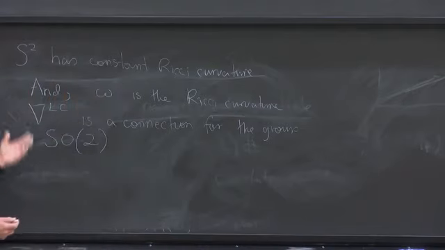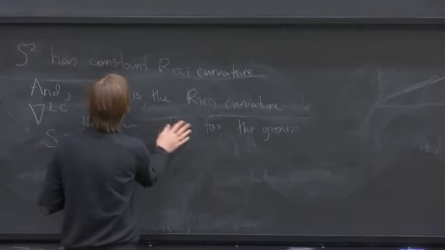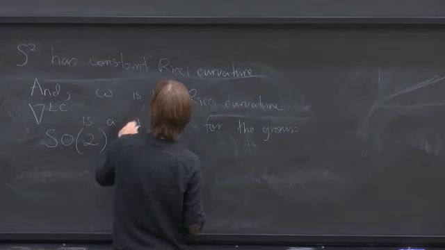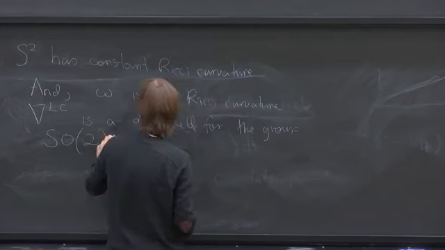Because in general, the Levi-Civita connection is a connection on the tangent bundle, but we can view it as a gauge field for the group SON on a manifold of dimension n. So here it's a gauge field for the group SO2. We call it gauge, because I've been using the word gauge field. And SO2 is U1.